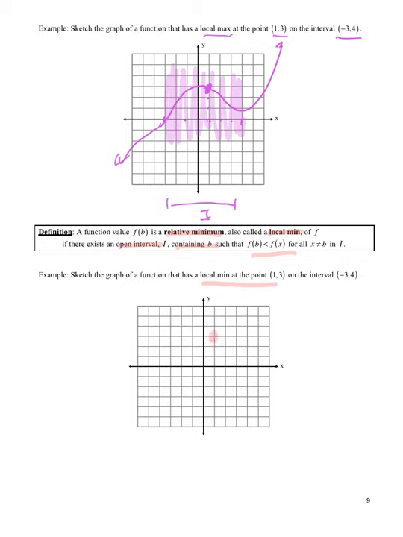So that's my lowest point, my local minimum on this interval. Here's my interval. This has to be the lowest point. Anything else doesn't matter. So local max, relative max, is the highest point in an open interval. Local min, relative min, is the lowest point in an open interval.